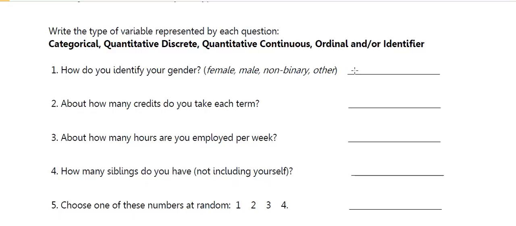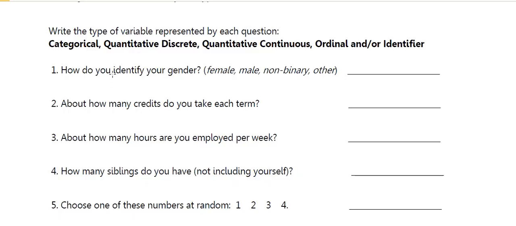Okay, so we're going to write these in together, or you can check your answers. So how do you identify your gender? On my survey, I had some options: female, male, non-binary, or other. And this is one example of a way to ask gender in a more inclusive way. If we just put female and male, that can be excluding some people that might not feel female or male.